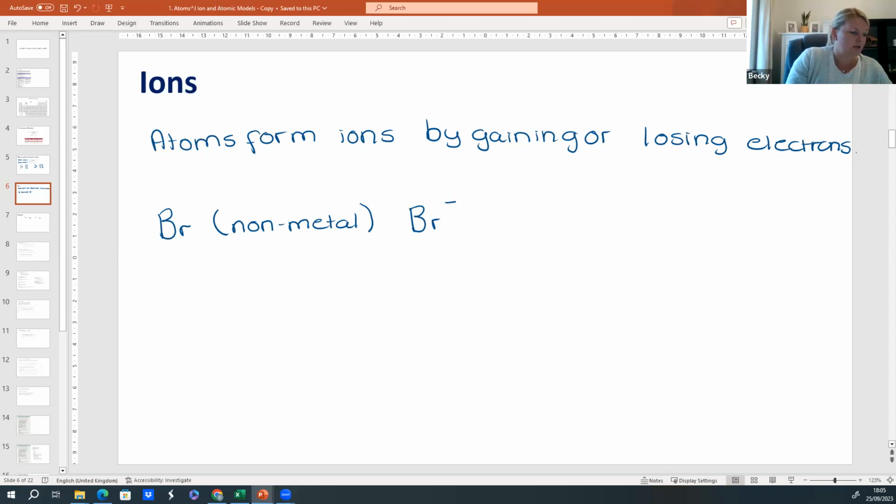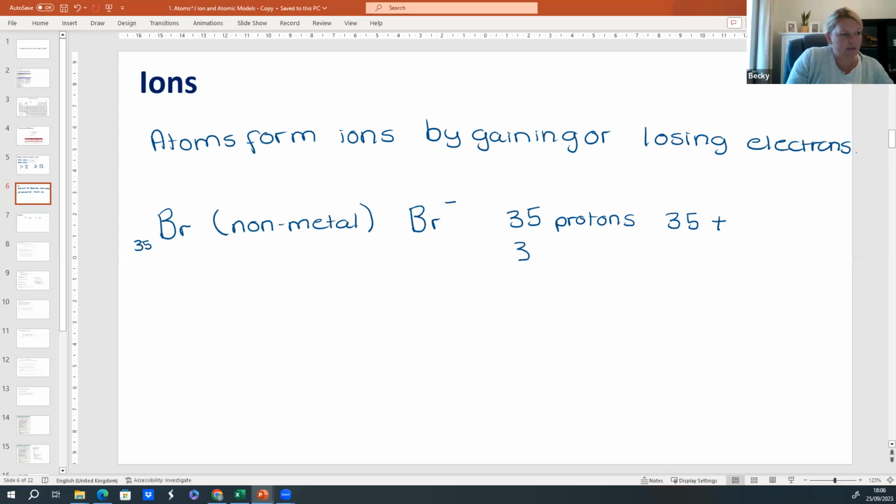Because what we've got now, if we think about our protons, neutrons, and electrons again, if I just pop those numbers back onto one of the examples we looked at, the bottom number is 35. So we've got 35 protons, so that's our 35 positive charges.